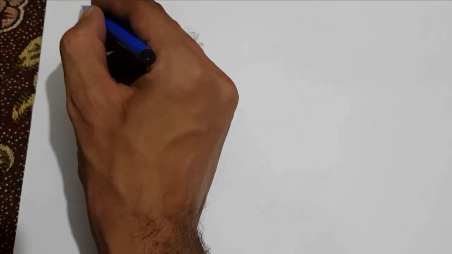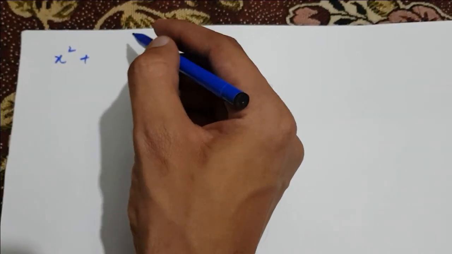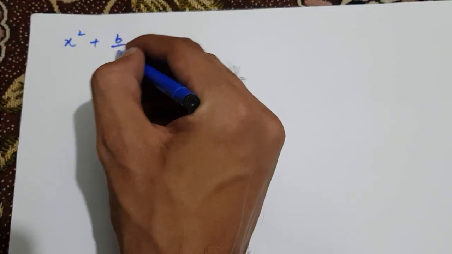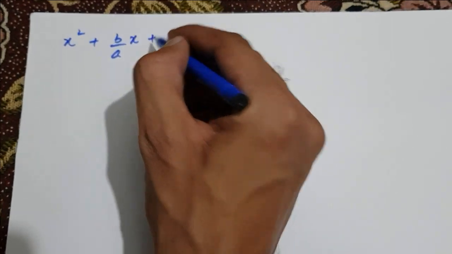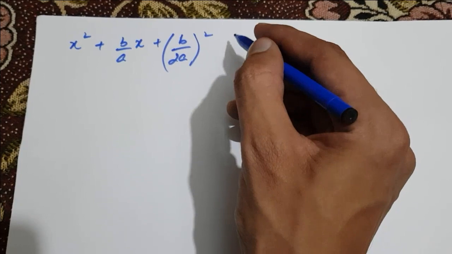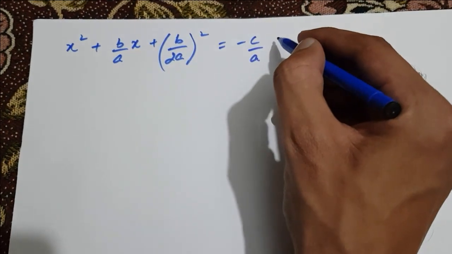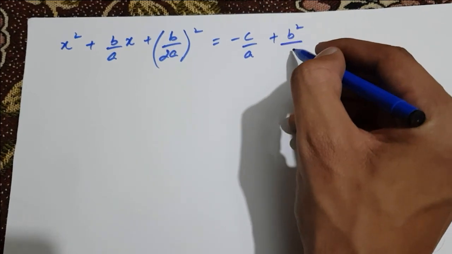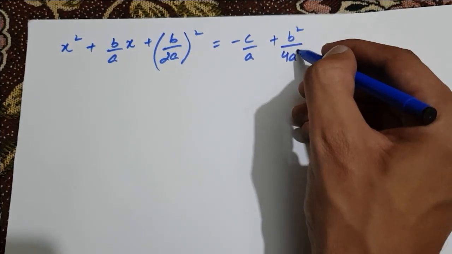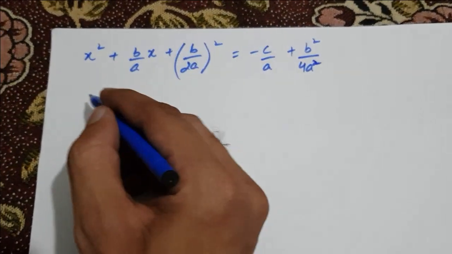So next we try to solve it further, and we get minus c over a plus b squared over 4a squared, since we had 2a whole square in the denominator.